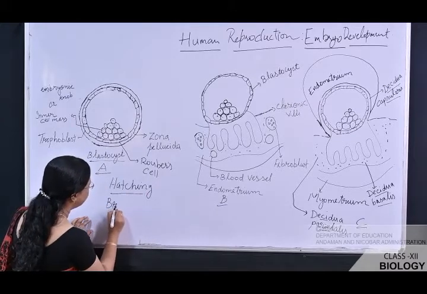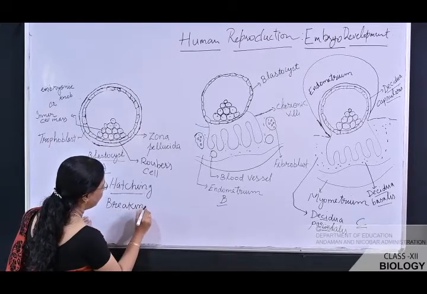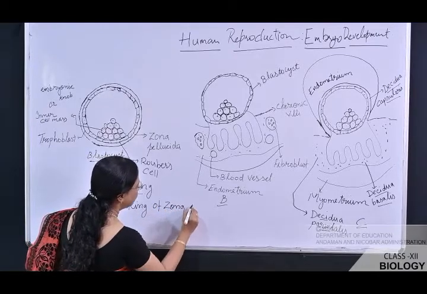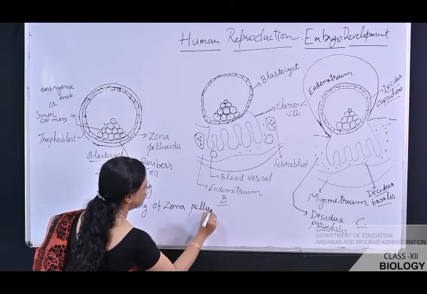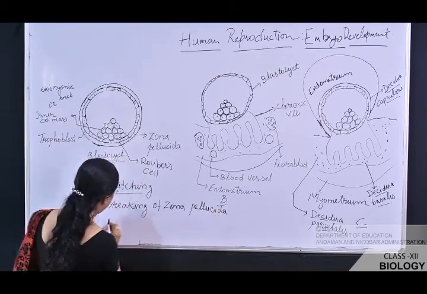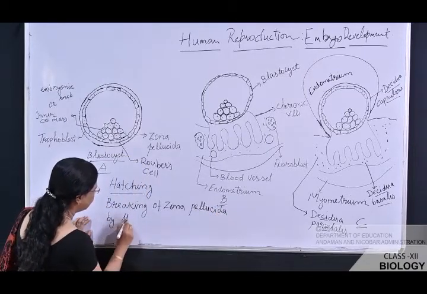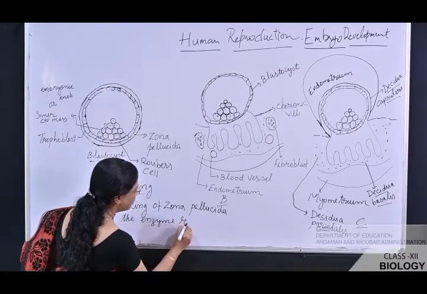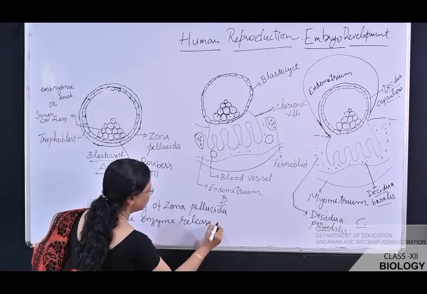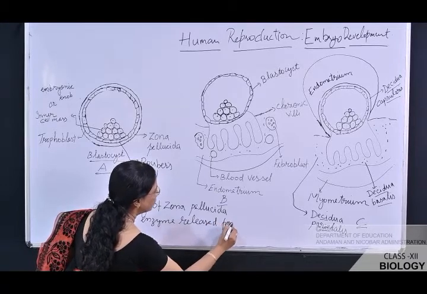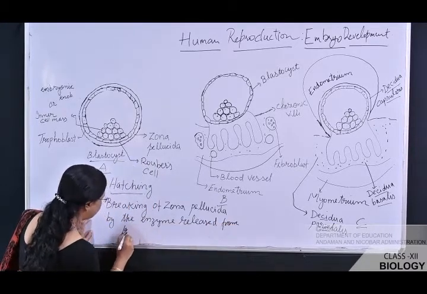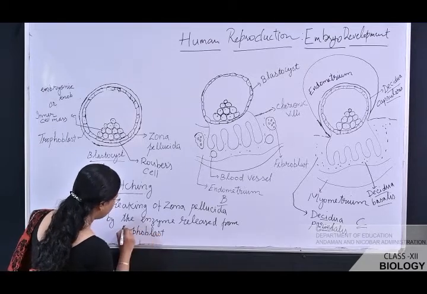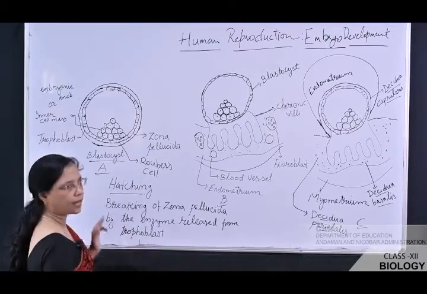Breaking of the zona pellucida by the enzyme released from the trophoblast. So that process is known as hatching.